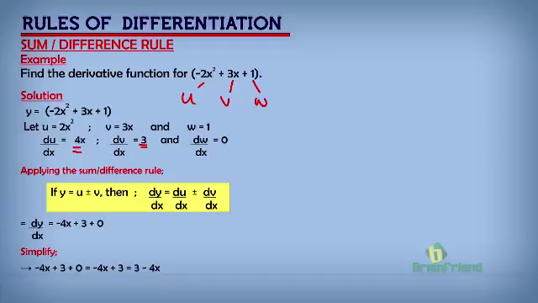So the derivative of v here, which is dv dx, will simply give us 3. Also, finding the derivative of w, which is 1. 1 is a constant, and we said the derivative of any constant, of course, will give us 0. So we simply have dw dx as 0.